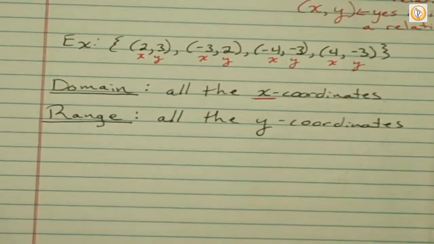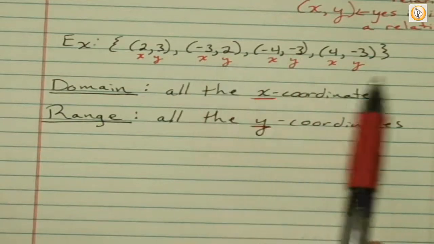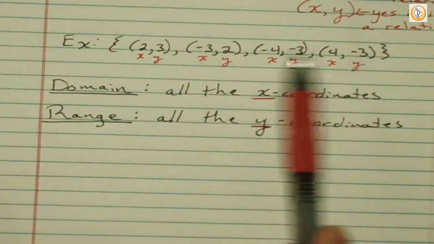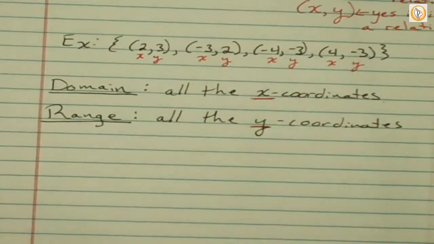I mean, that's kind of weird. It's a weird word for it, but that's what they're referring to. So if they were to ask, what's the range? List the range for this set. These are your range numbers, all the y's. It's not too bad, right? You just got to keep remembering which is which.